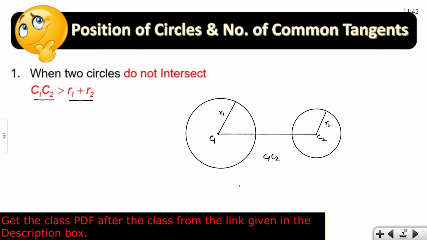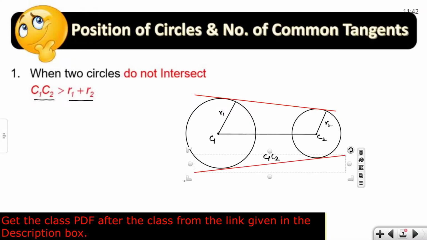Now the question is, if this is the scenario, how many common tangents are possible? We can easily see that the common tangents can be this one, or this one, or like this, and this.